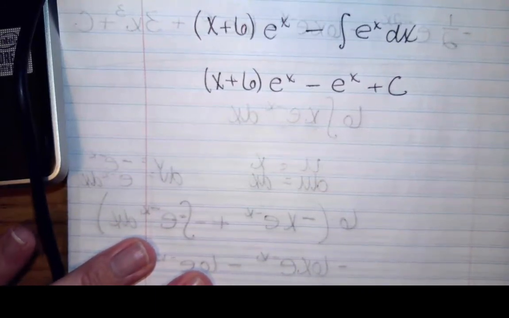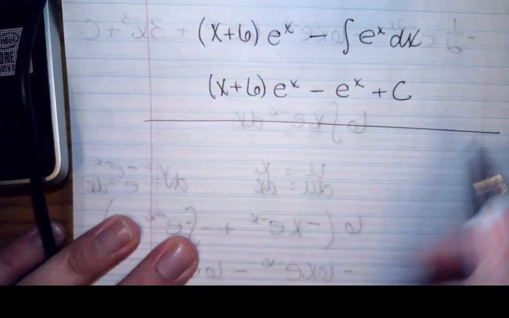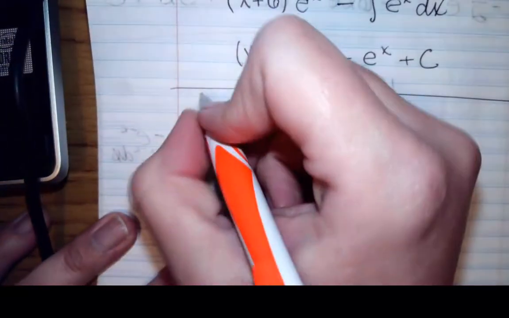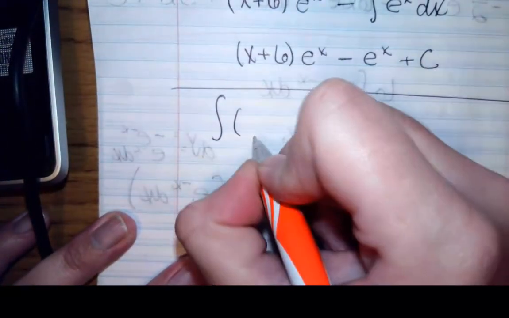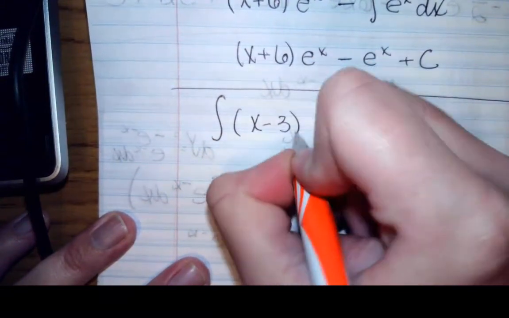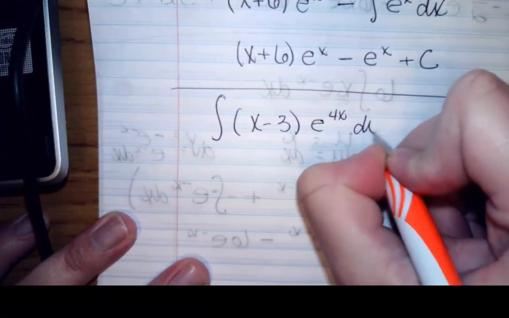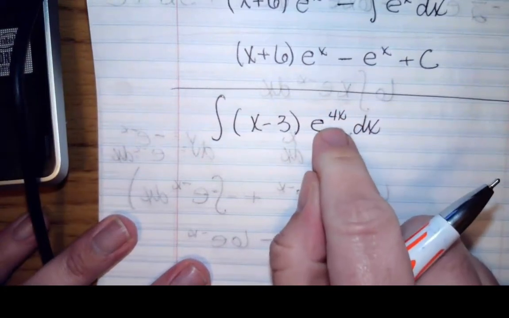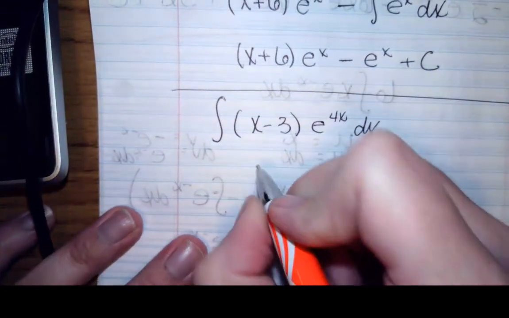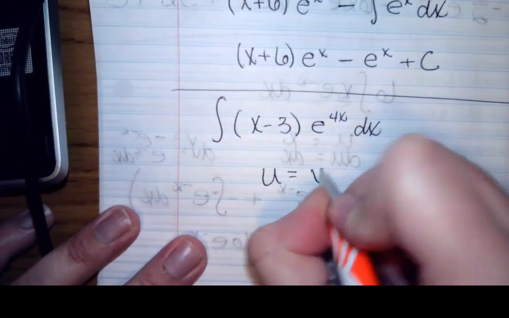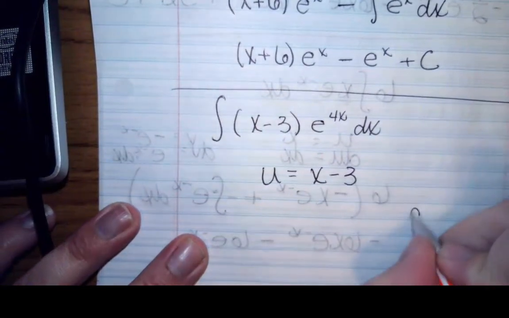All right, so number 7. Let's look at that one. It's pretty much the same thing. I have the integral of x minus 3 times e to the 4x dx. I immediately know I'm going to have to do some balancing here. So my u is going to be x minus 3.